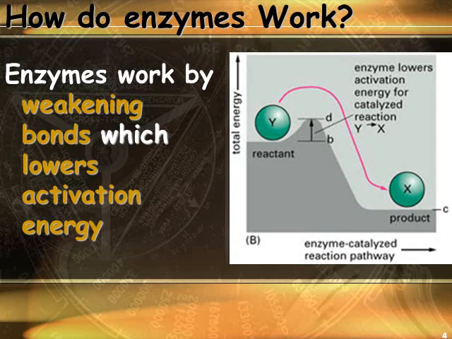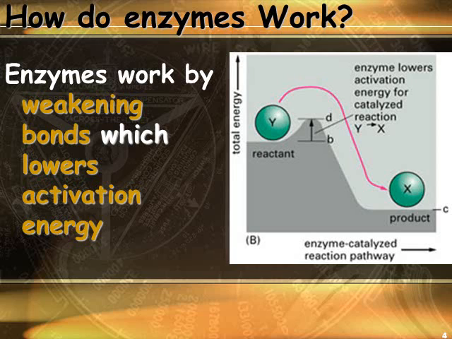So enzymes, because they are going to stretch the bonds or press pieces of particular atoms together, will either weaken bonds or allow bonds to form more easily. So the activation energy for the reaction to occur is lowered, which again is a good thing because we don't want to have to add a whole lot of heat to get things moving.